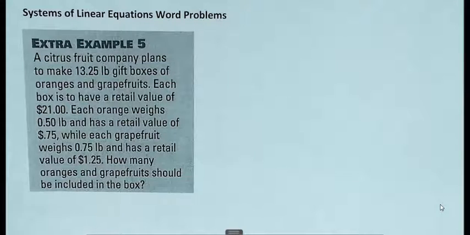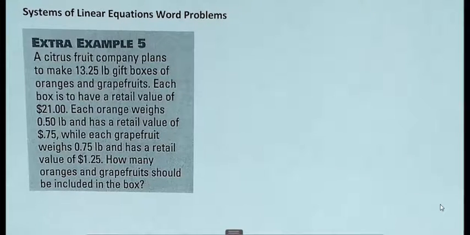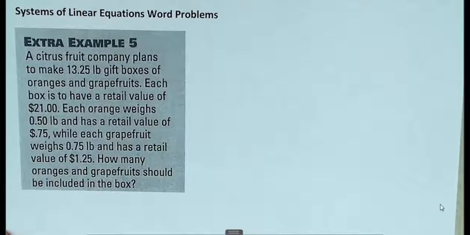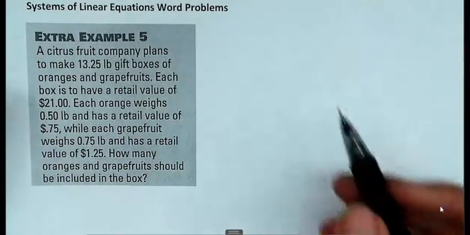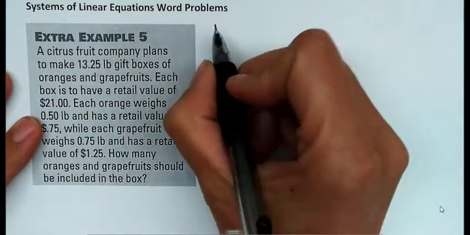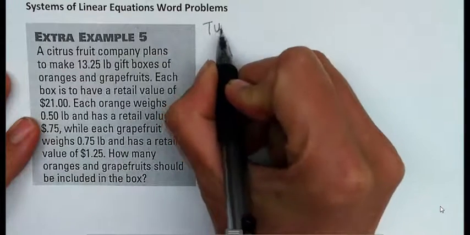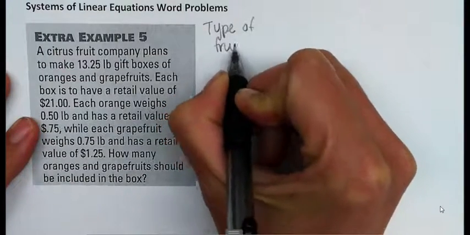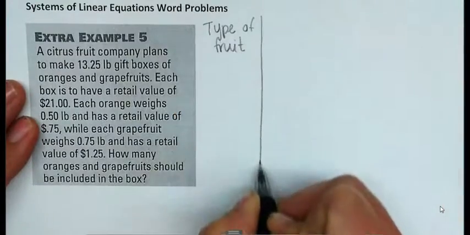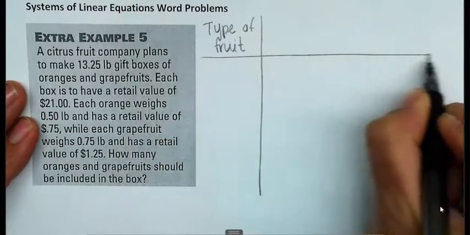Okay, so this is a lot of information, and the best way to deal with all this information is to organize it in a chart or in a table, okay? So what information has been given? Well, I have type of fruit. So that's going to be one of my columns.